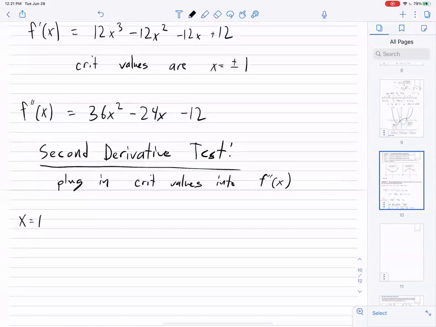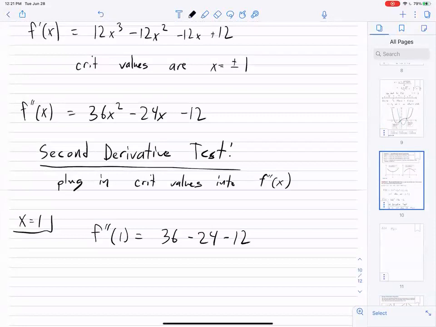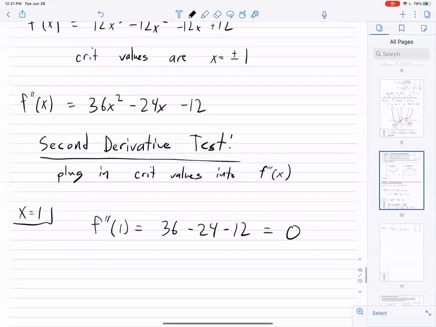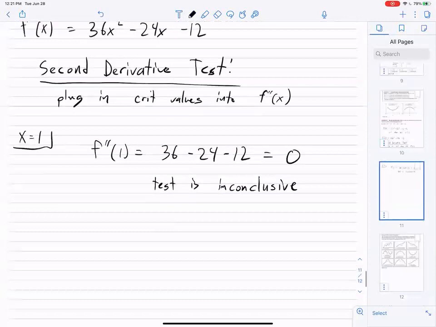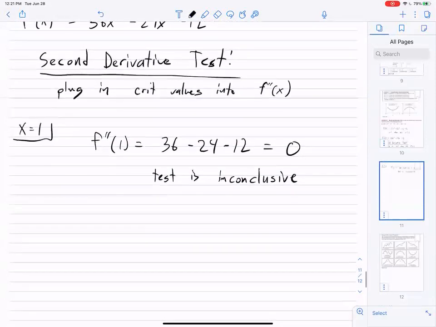For x equals 1, let's do that one first. F double prime of 1 would be 36 minus 24 minus 12, and so that equals 0. So the test is inconclusive, which makes sense because we know that it's neither max nor min. It doesn't tell us whether it's a max or a min. That's why the second derivative test can kind of suck, because it's just inconclusive.